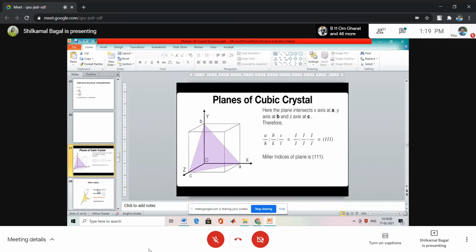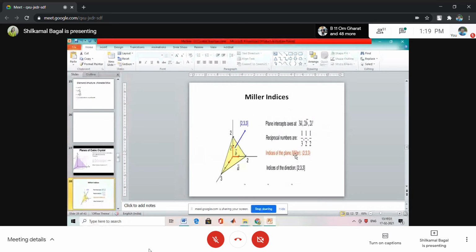They are nothing but reciprocals of the intercepts reduced to integers. So if we again take reciprocals of these integers, then what will we get? Again we will get the intercepts made by this plane. Vice versa. So in your exam there may be a question: write the indices of the given plane, or draw the plane of given indices.